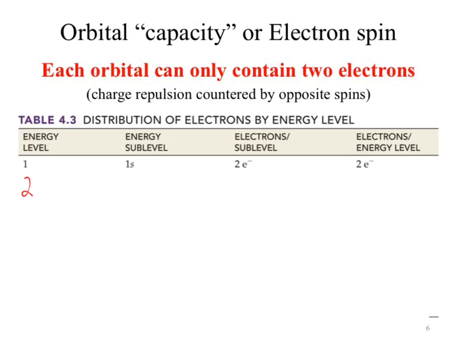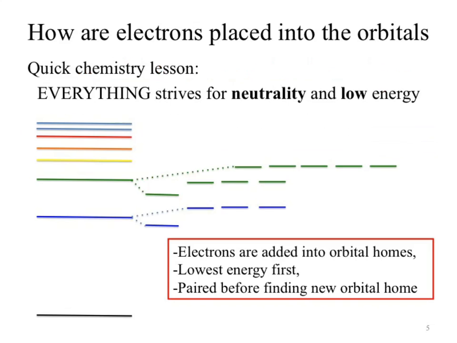When we jump up in energy levels, we started at energy level 1. When we move up to our second energy level, how many types of orbitals are there? How many orbitals are there? 4. How many types? 2. What are those types? S and P.